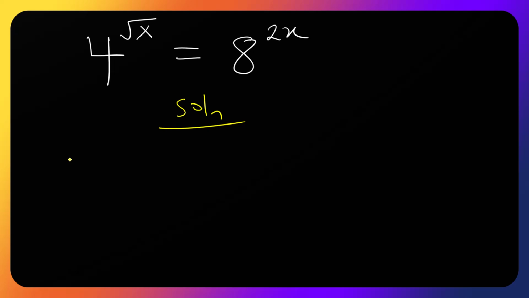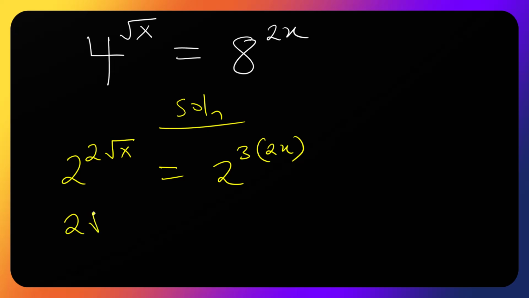So let's change this one to 2 to the power of 2, whereby this one will be there. And we have 2 to the power of 3, and we have 2x over there. So we have equal bases. So this side will be 2x equals, and this side will be 6x.